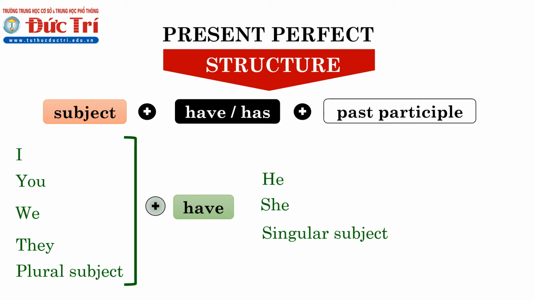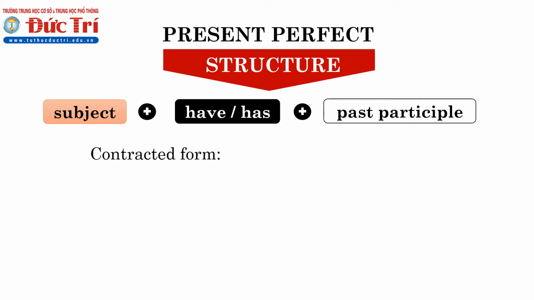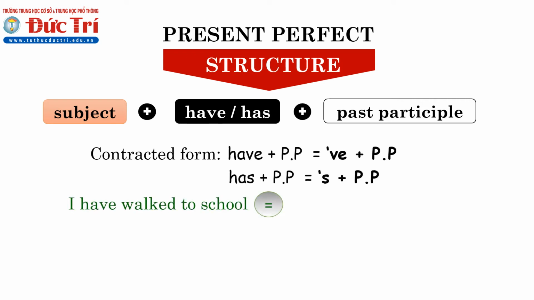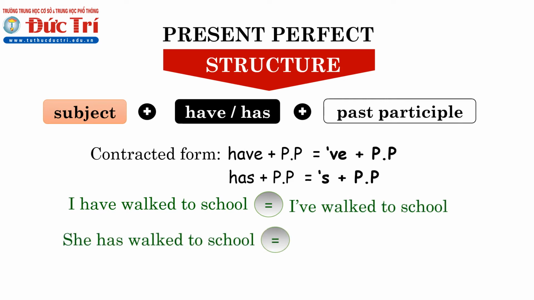He, she, any singular subject, we use has. In spoken English, we usually contract the form to make it sound more natural. For example, I have walked to school becomes I've walked to school. She has walked to school becomes she's walked to school.